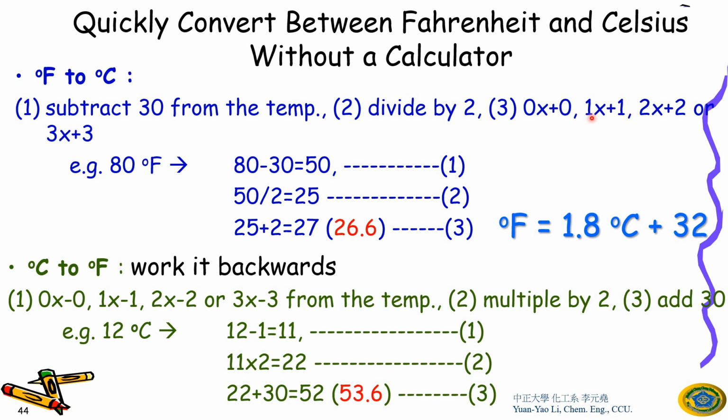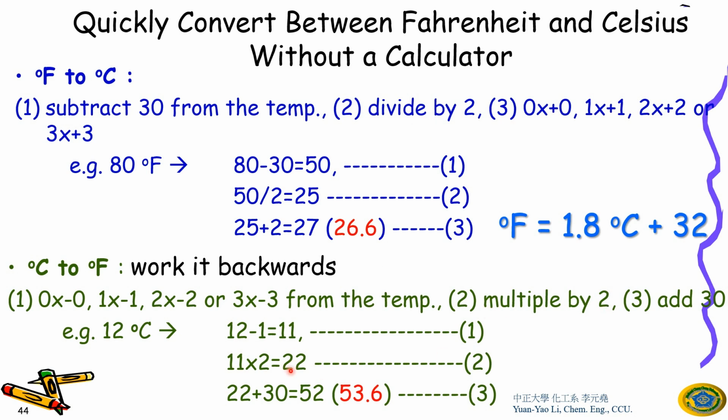This one, 12, is about 10 to 19, right? So here you add 1 and in this case you subtract 1. So 12 minus 1 will be 11. Okay? And 11 here was divided by 2, right? So you multiply by 2. So 11 times 2 will be 22.